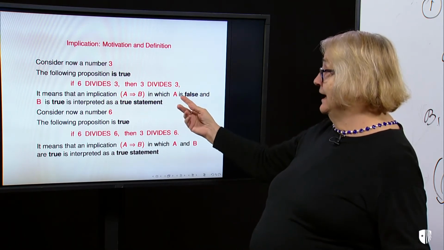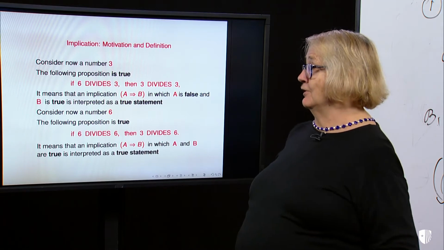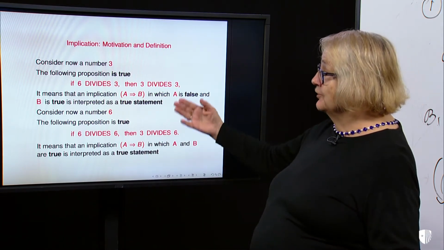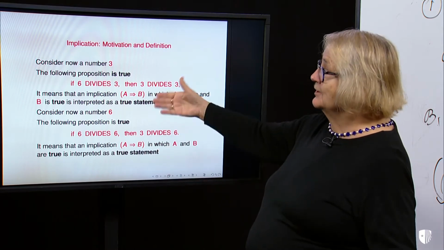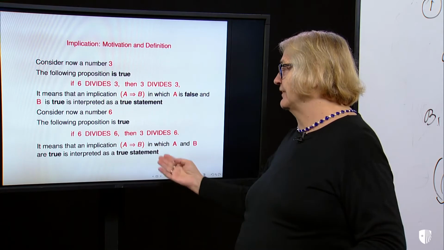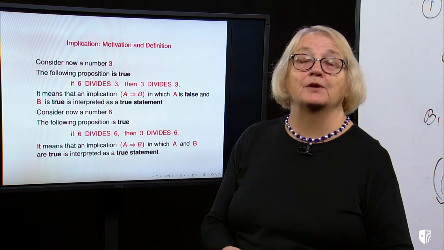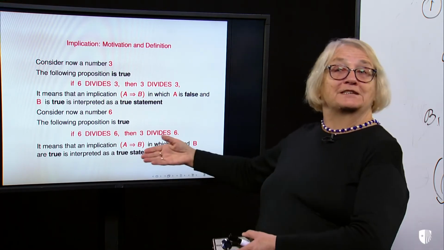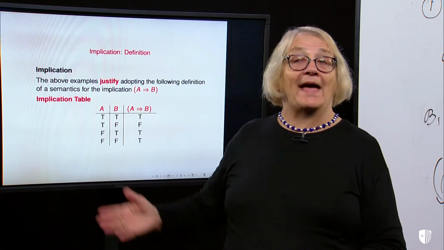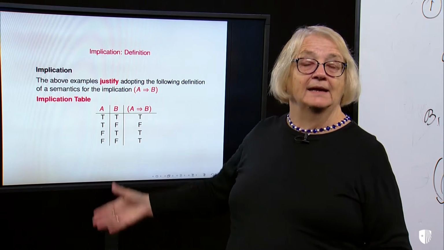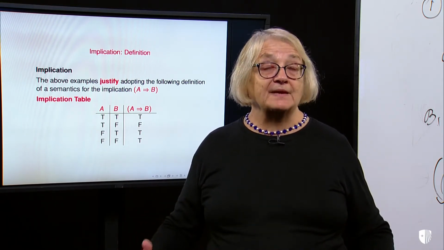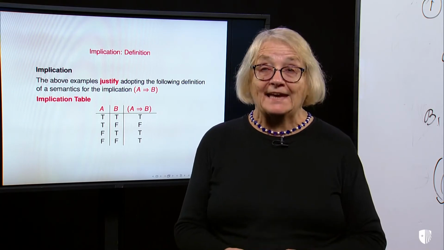It means that in an implication where A is false and B is true, the result is true, and so that justifies our case. And of course, when you have 6 implies 6, you have true implies true, so you don't need it, but you also have justification for that case. That's why that implication table is accepted as the definition of semantics for our implication.